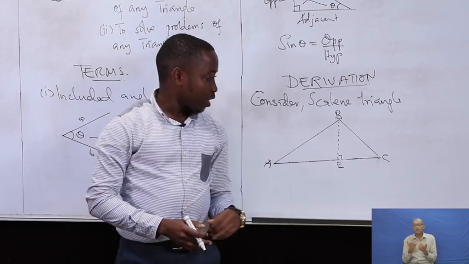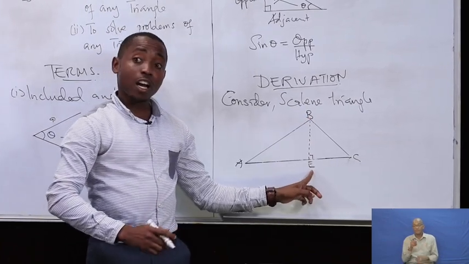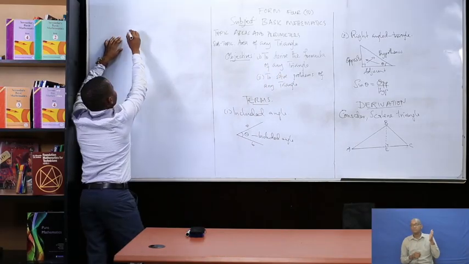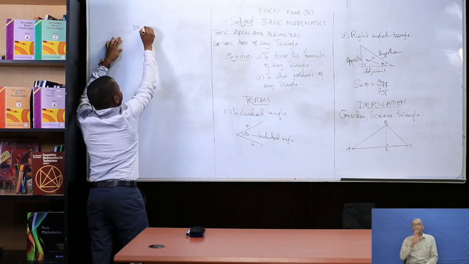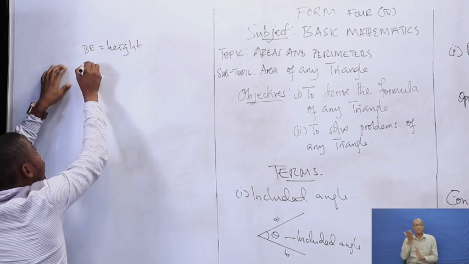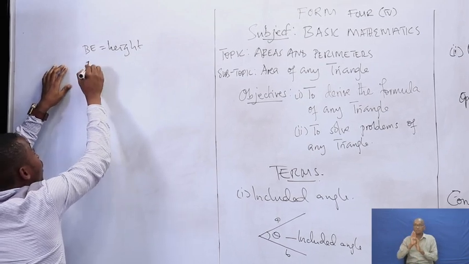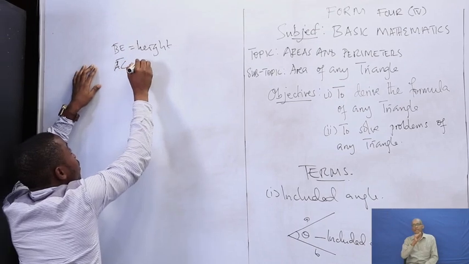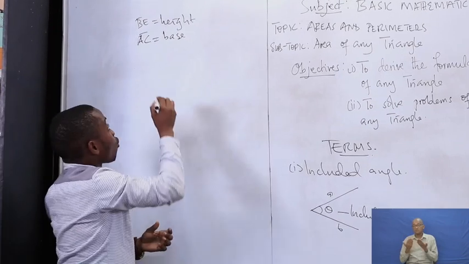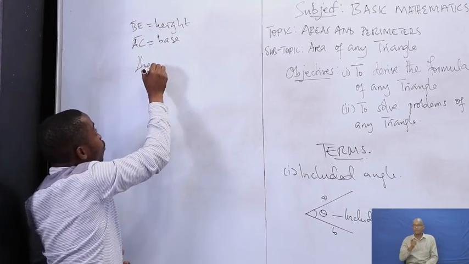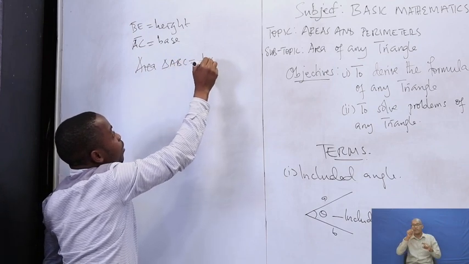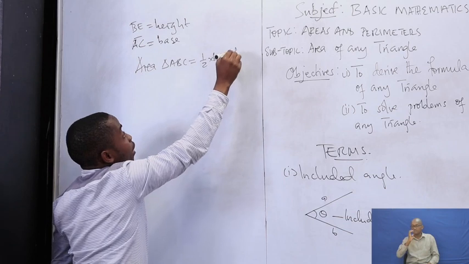So now how can we get the area of this whole triangle ABC? Let us observe it. This BE is our height. Let me write it in this part here. Given that BE is our height, and AC is our base, from the concept that we have, we know that the area of the whole triangle ABC can be obtained by taking a half times base times height.